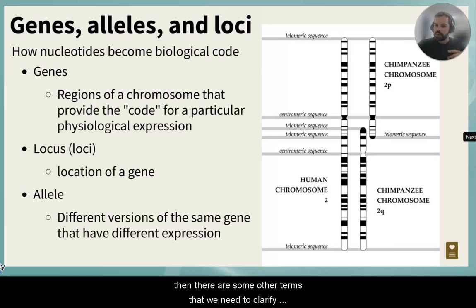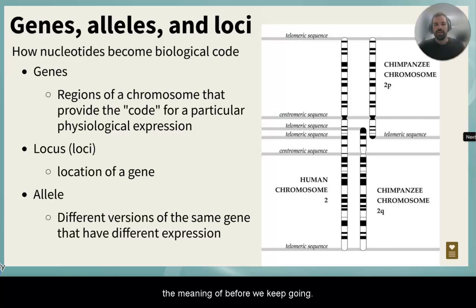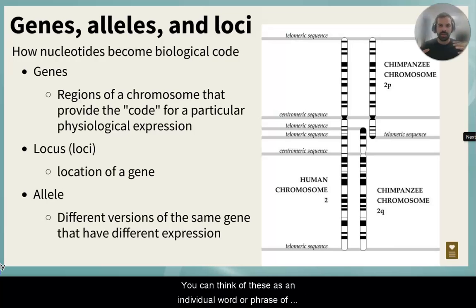Then there are some other terms that we need to clarify the meaning of before we keep going. So a gene itself is just a region of a chromosome that provides the code for a particular physiological expression. You can think of these as an individual word or phrase of information that will code for particular proteins that will lead to some sort of physiological expression.